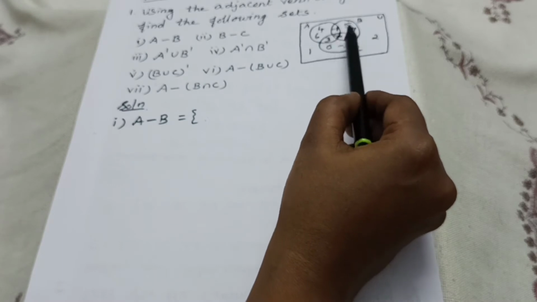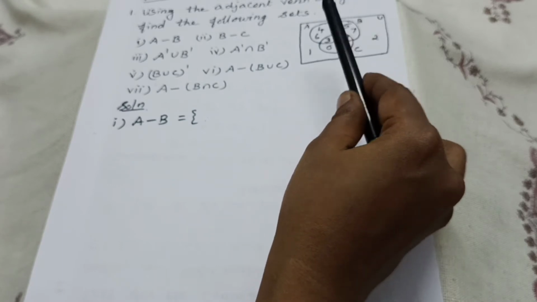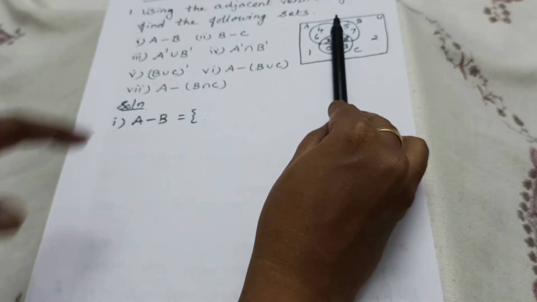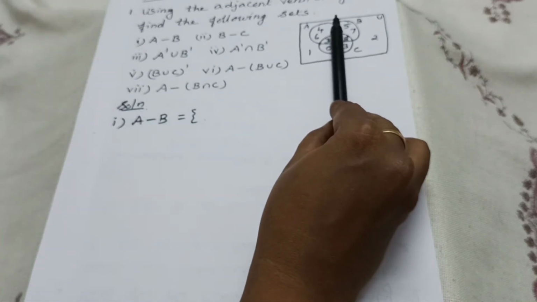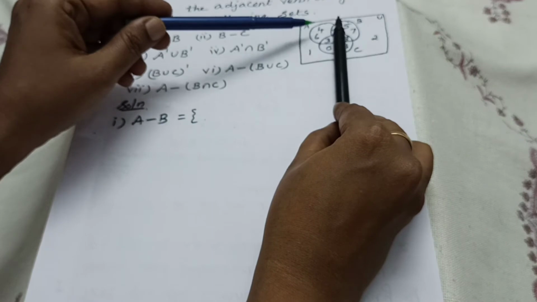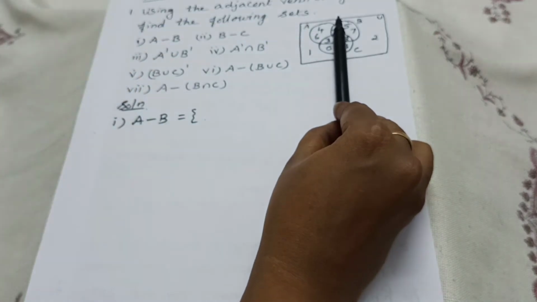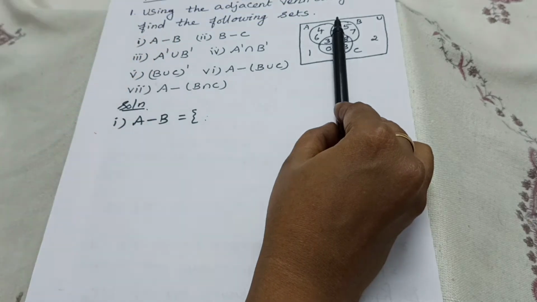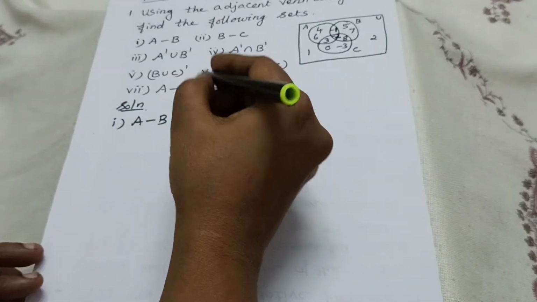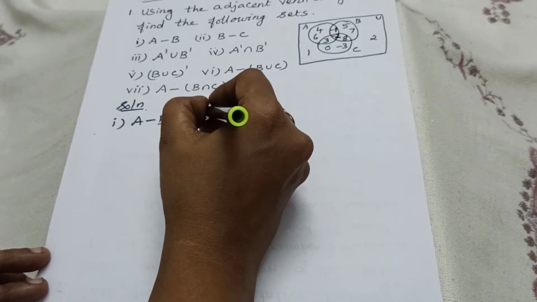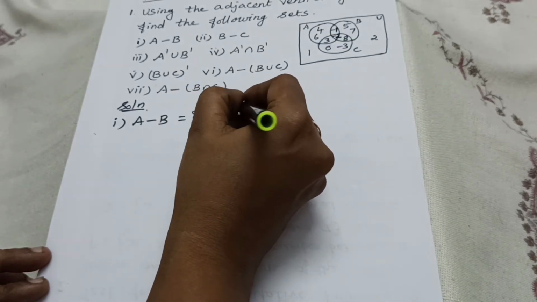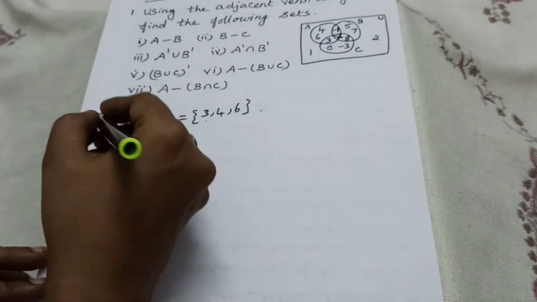Except this area, the remaining A values, what are the elements? 4, 3, 6. Are you clear? Yes, 3, 4, 6. Any doubt? This only A. The elements are 3, 4, 6. This is A minus B.